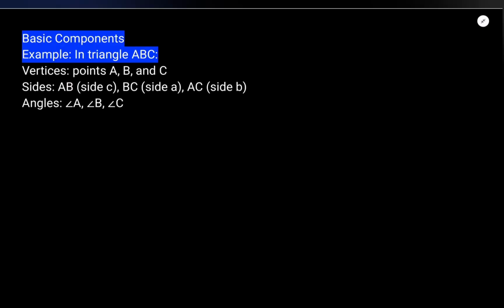Today we will see some basic components, like how do we say it mathematically. Suppose I have a closed figure made up of three sides like this. Then these corners A, B and C, we usually denote them with capital letters A, B, C, or you can say D, E, F, whatever you like.